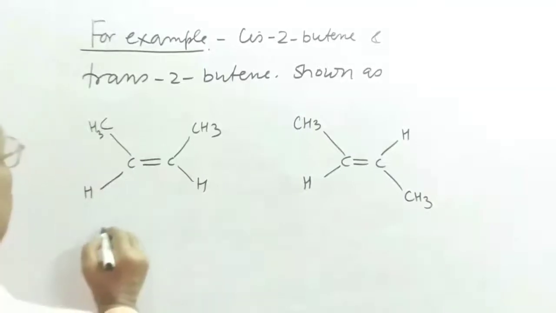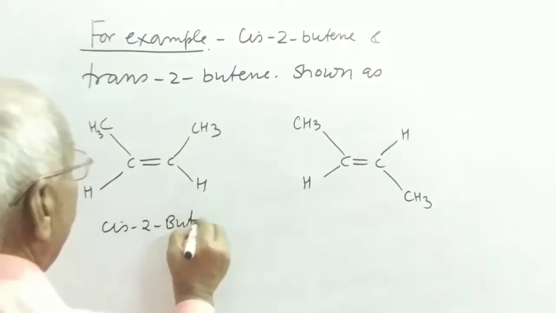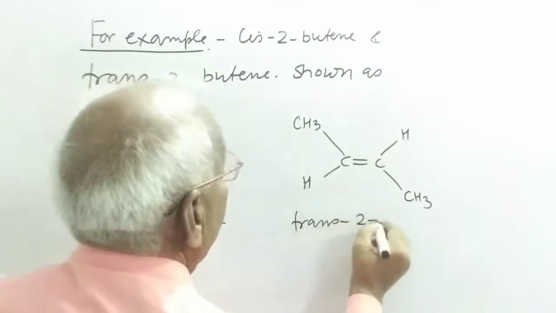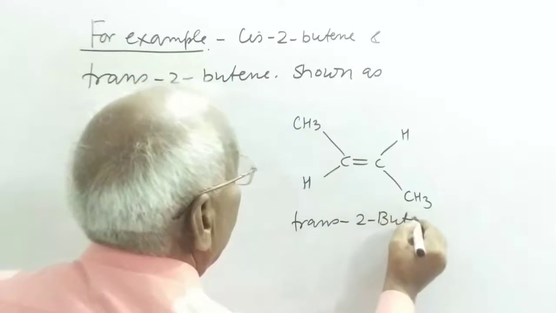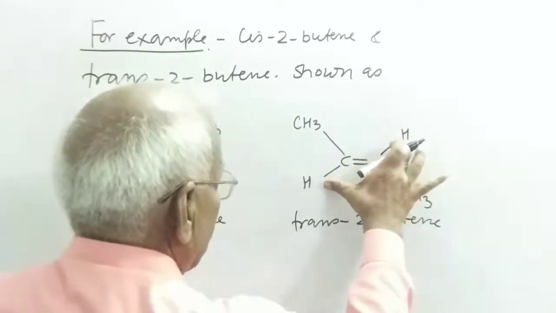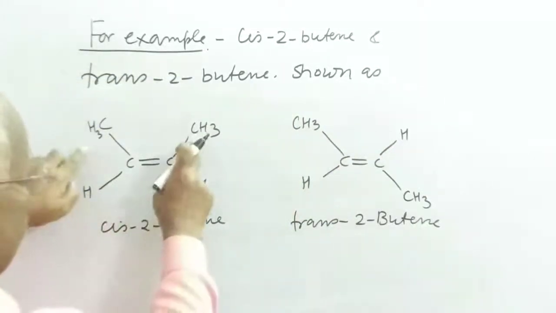This is cis-2-butene, trans-2-butene. Identical groups on the opposite side, so it is trans. Identical groups or atoms on the same side, so it is cis.